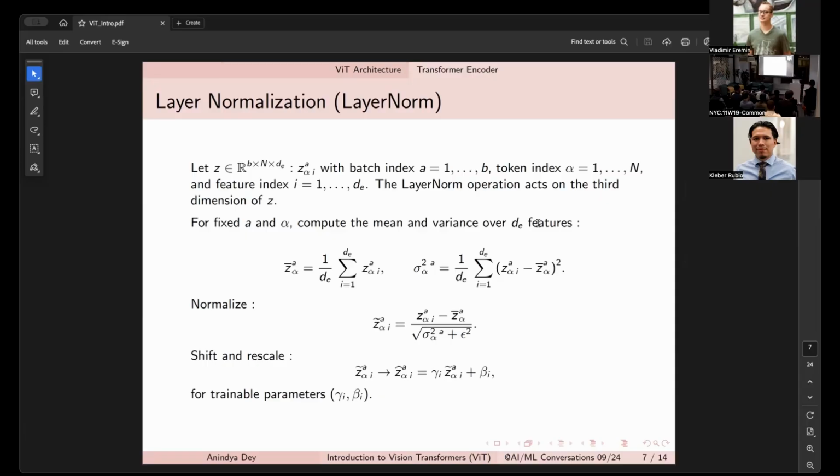For all tokens, it's the same thing, and it's also across batches. So it's only in the feature direction that you're learning. Maybe in part 2 of the talk, I'll have more opportunity to talk about this because it has an interesting ramification. All right, so this is the layer norm, so it's clear.